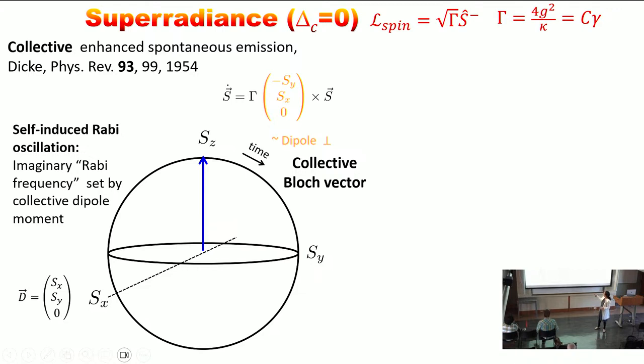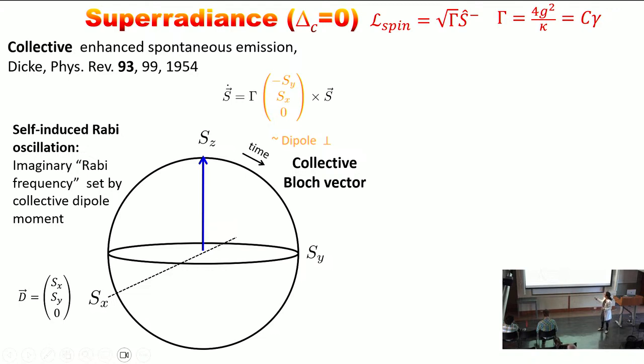In this case, the axis is a vector that is perpendicular to the dipole moment and is constant during the process. So the dipole moment is Sx, Sy, and the vector is perpendicular to it, and the perpendicular character is because you have an i, because it's an imaginary process.